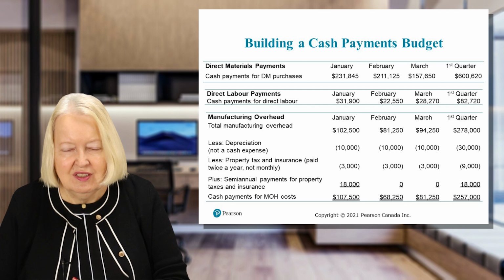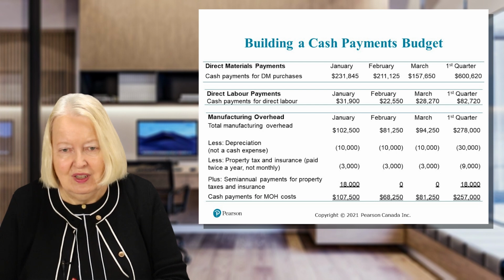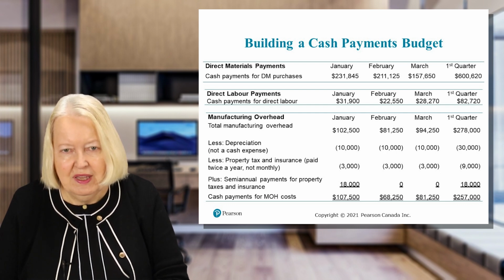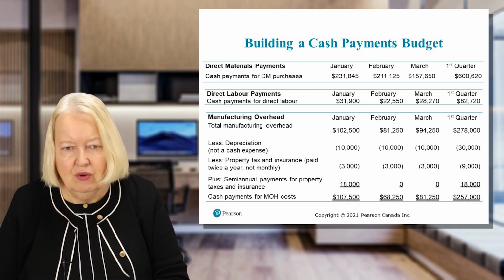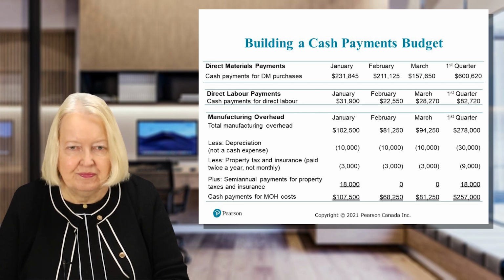So your $36,000, you pay $18,000 in January and the remaining $18,000 in June. So what you want to do here is include for January the 6 months of taxes and insurance. So the total cash payments for your manufacturing overhead is $107 from a cash point of view.